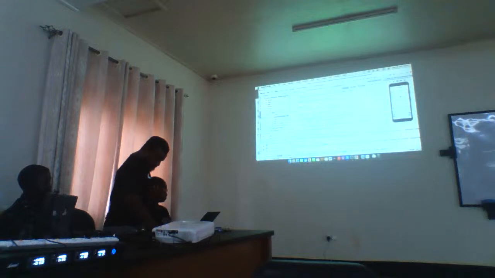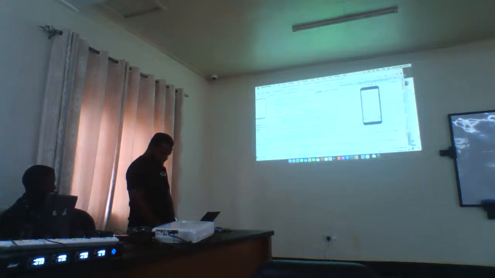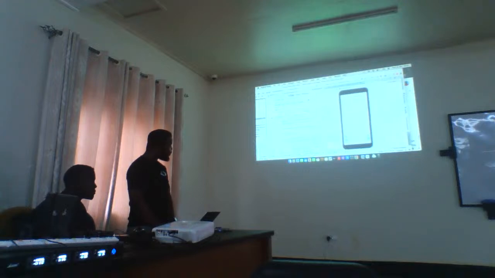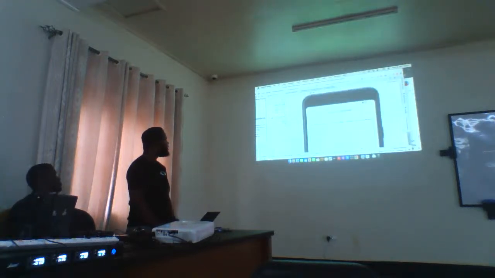Let me see if I'm able to zoom in on this application. I'm just going to first close this, push this, and zoom in. So this is just a simple application. It's just one interface when you load it.